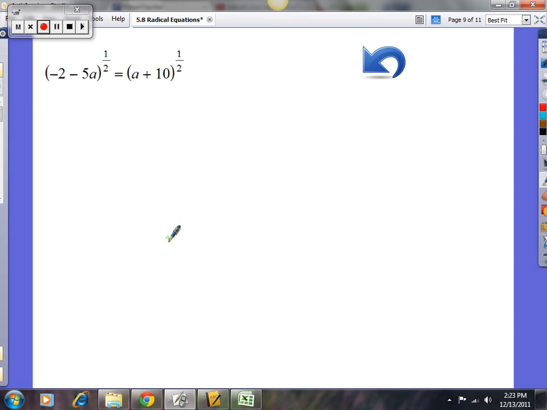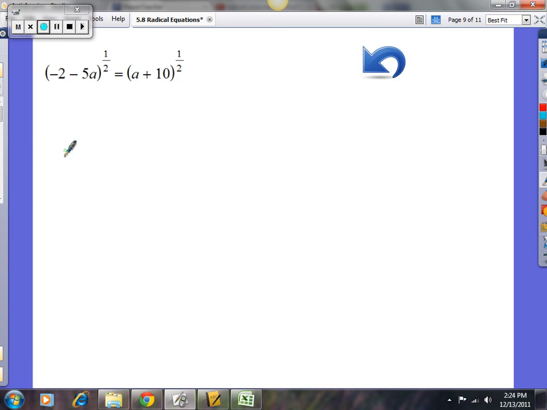Okay, look at this one right here. What do your instincts tell you to do when you see this? Change it. Or square it. You can't cancel them both out. You have to undo them both.